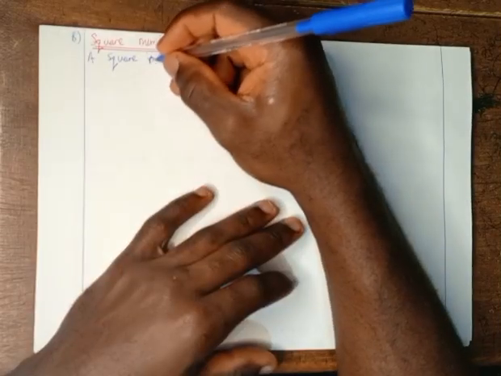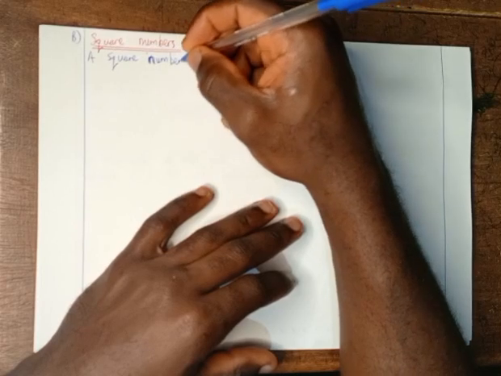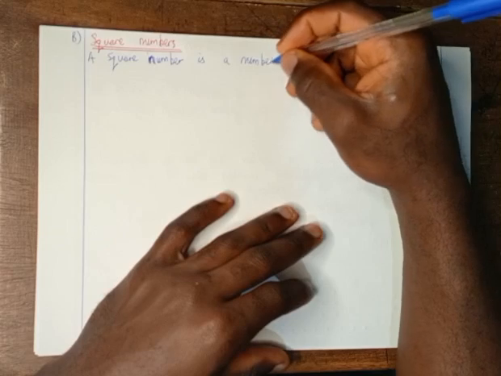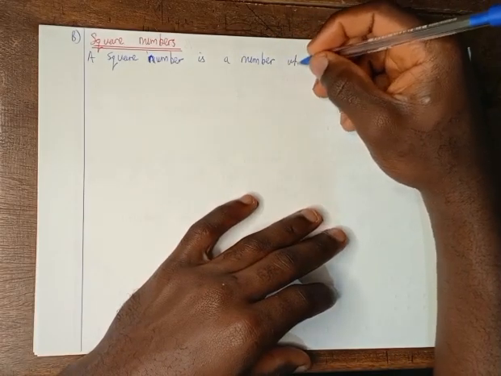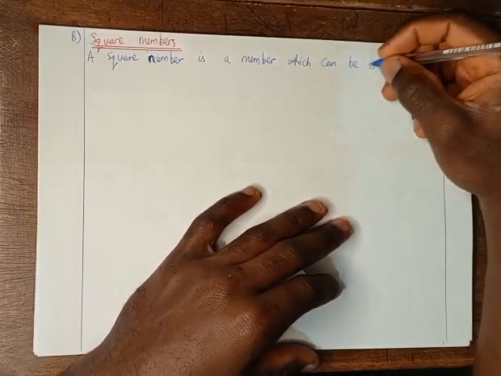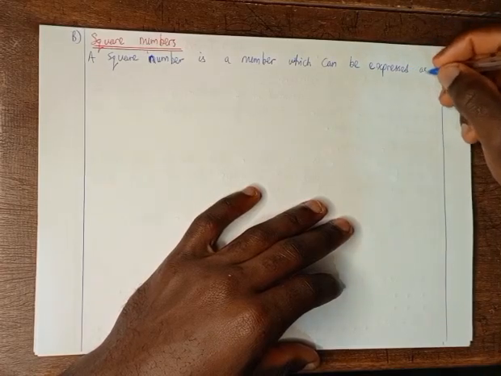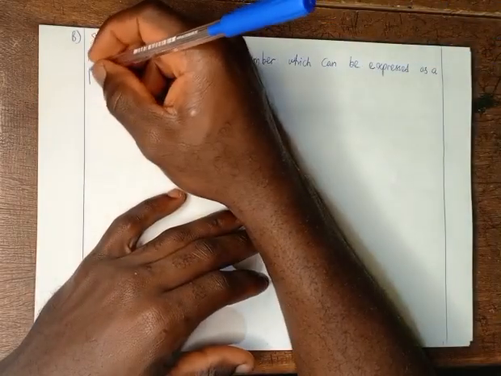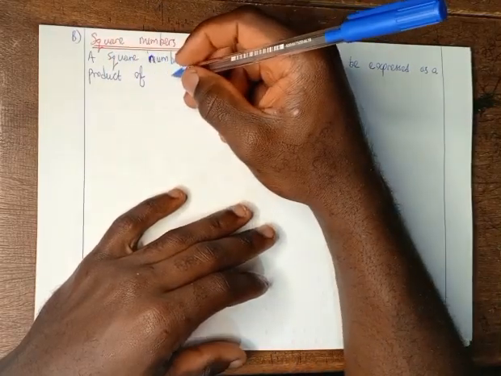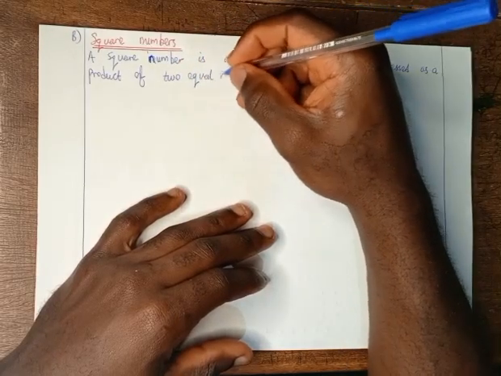A square number is a number which can be expressed as a product of 2 equal numbers.